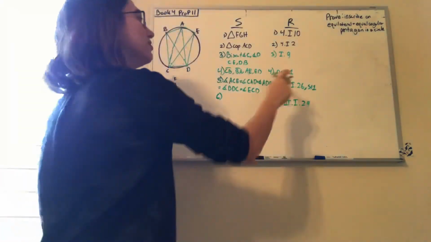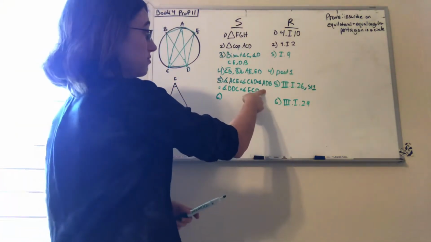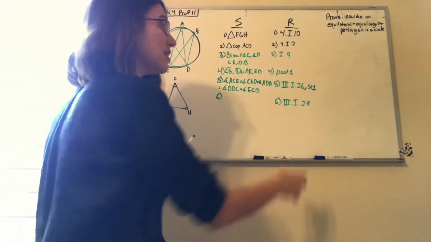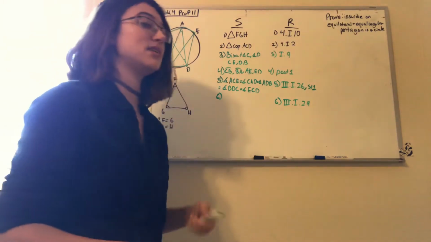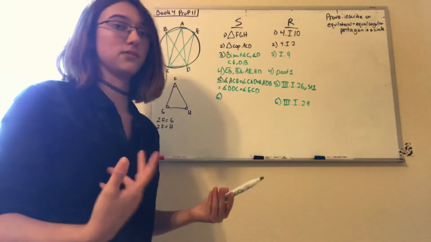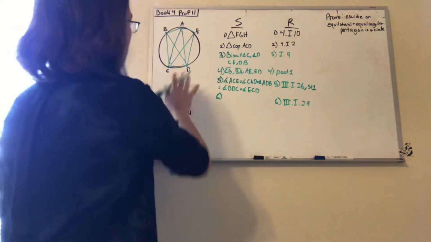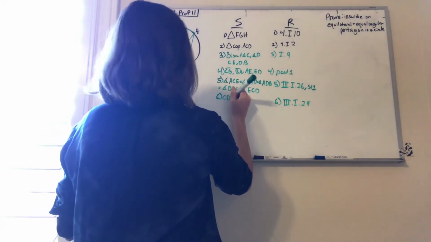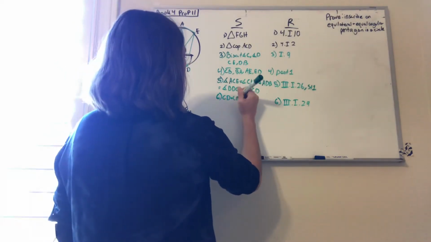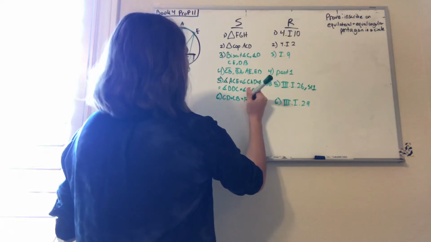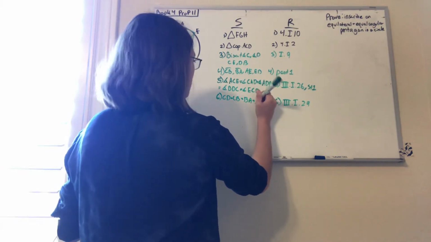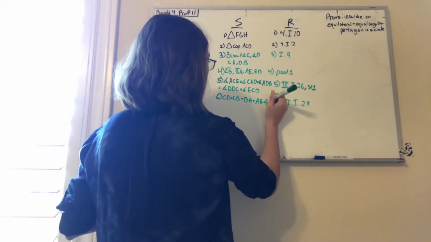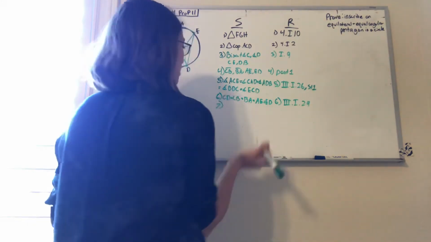So we can say all these lines are equal to each other: CD is equal to CB, which is equal to BA, which is equal to AE, which is equal to ED.